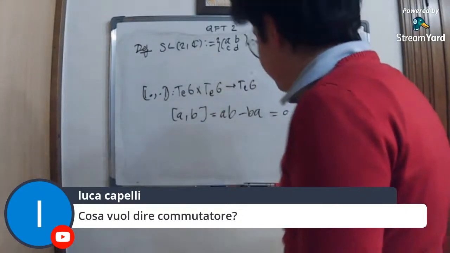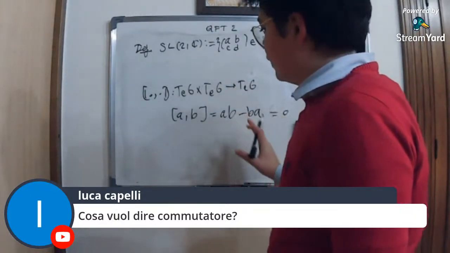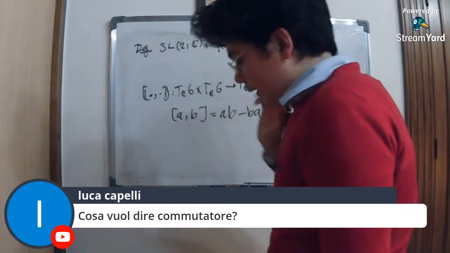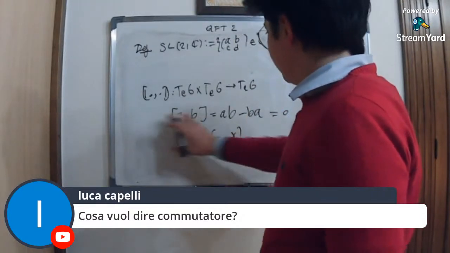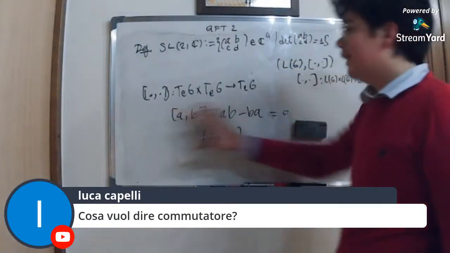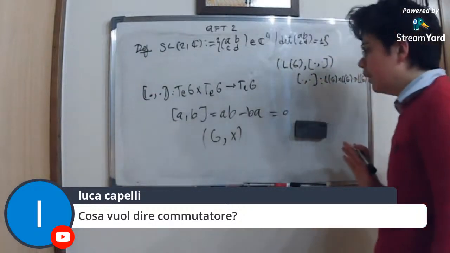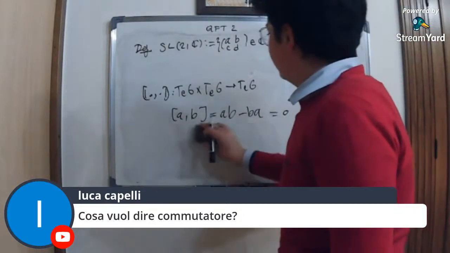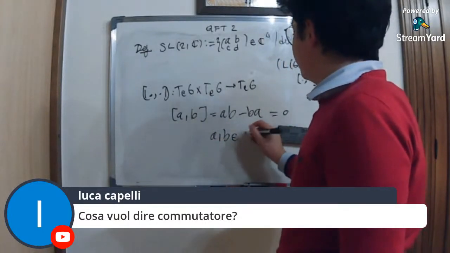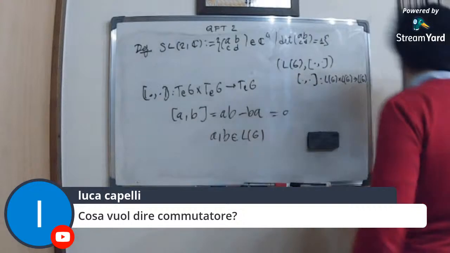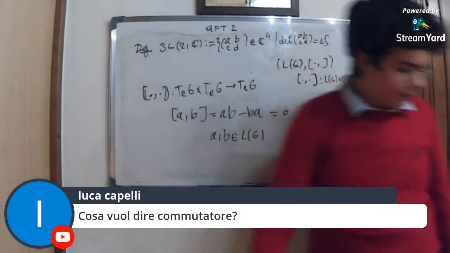If the group operation is a multiplication, the commutator is equal to 0, and the Lie algebra is a commutative algebra. But A and B in this case are elements of the Lie algebra of the group, and so are vectors, a particular kind of vectors.